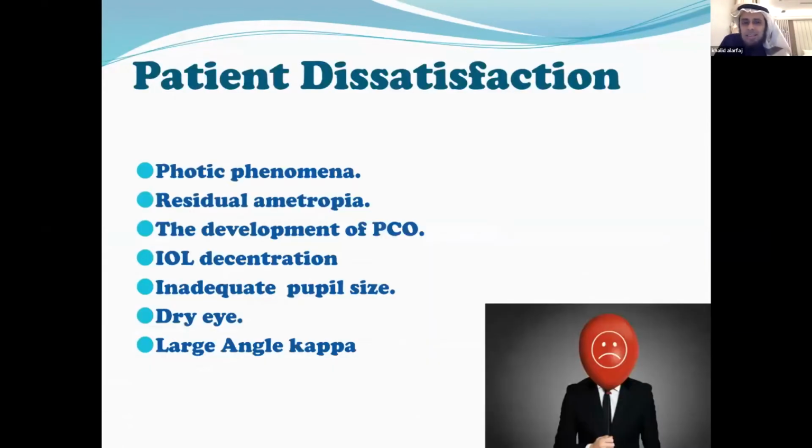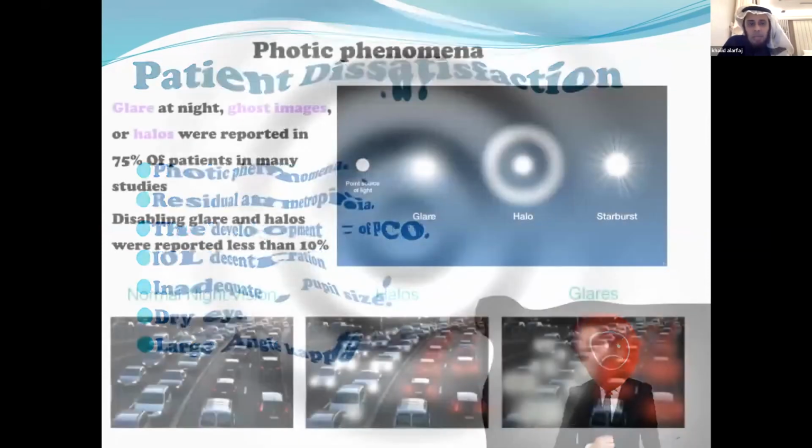So what are the sources of dissatisfaction, or why are we having dissatisfied patients? These are the most common causes: the photophenomena, residual ametropia, development of PCO, IOL decentration, inadequate pupil size and dry eye, and lastly the large angle kappa.